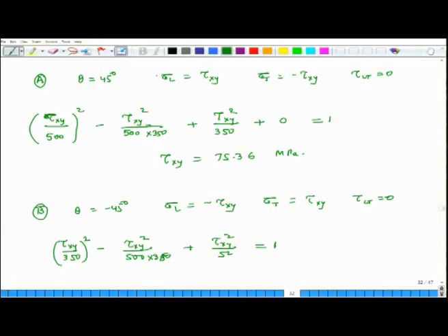So, tau xy max is equal to 5 MPa. Theta is minus 45 degrees, or you can say theta is the same, but tau xy is the negative of tau xy, it is the same thing. Okay. So, you get 5 MPa.